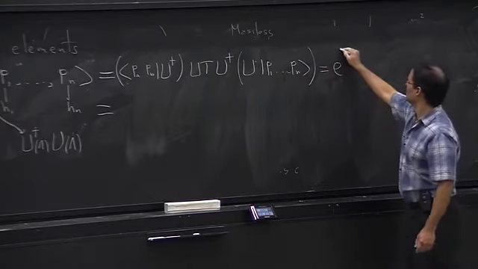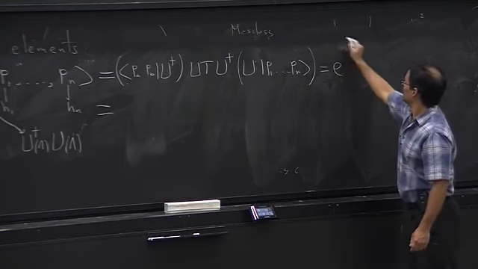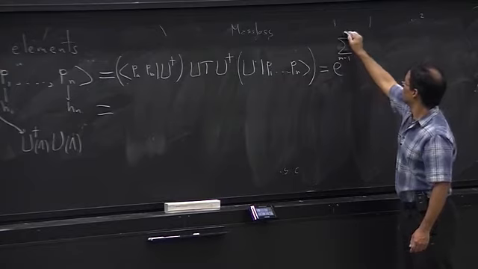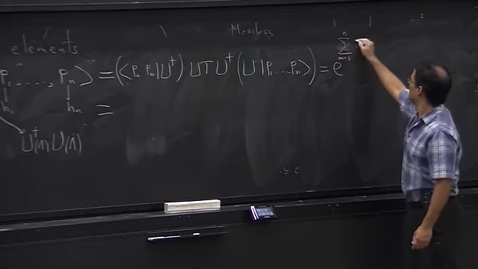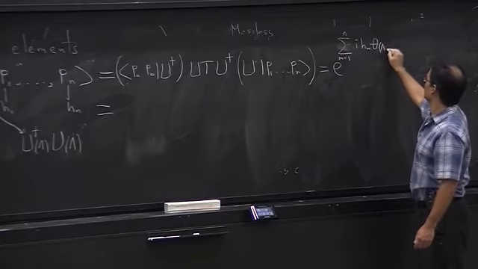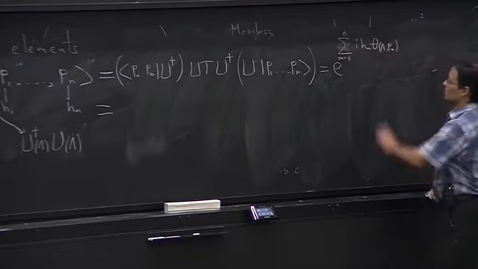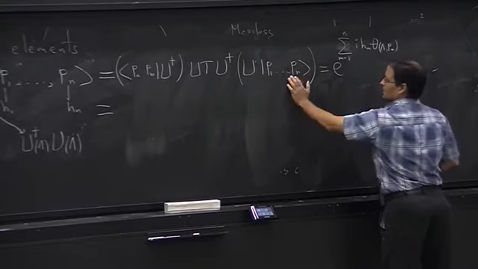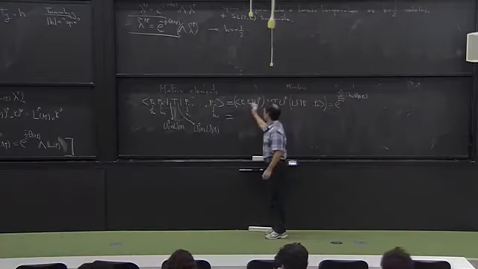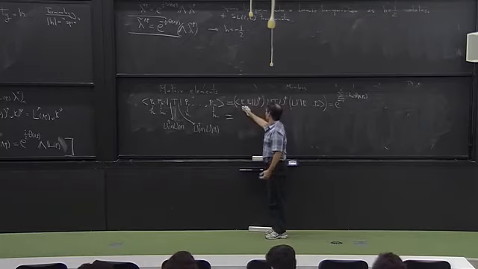In this case, I get e to the i, sum over, say, m from 1 to n, i h_m theta lambda p_m. That I get from this guy acting on this state. This guy acting on this has the same transformation as the conjugate of u acting on it.